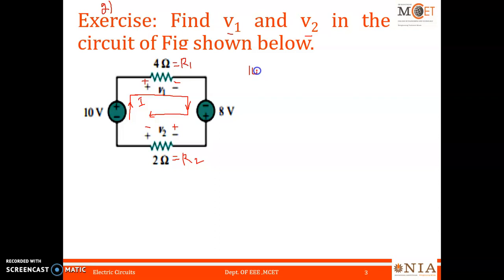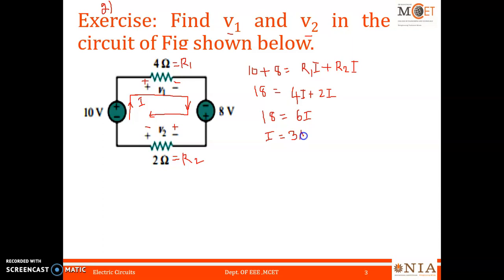So 10 volt plus 8 volt is equal to the drops, that is R1 into I plus R2 into I. Now substitute the values for R1 and R2. 18 equals 4 into I plus 2 into I. Now we can calculate the value of I. So 18 equals 6I, and I equals 3 ampere.